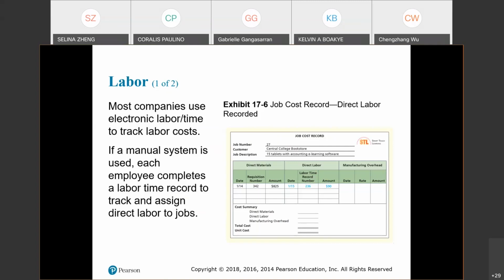The time is automatically added to the appropriate job cost records. If a manual system is used, each employee completes a labor time record that indicates the amount of time spent on each order, on each job.